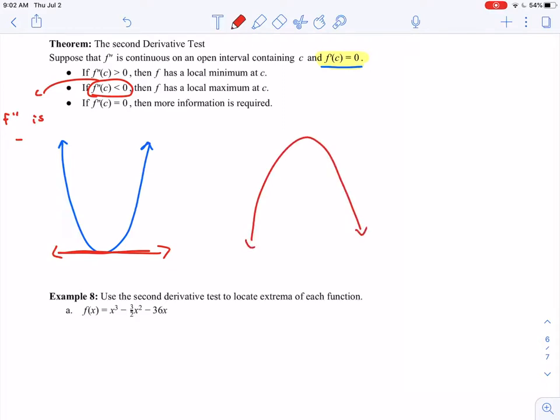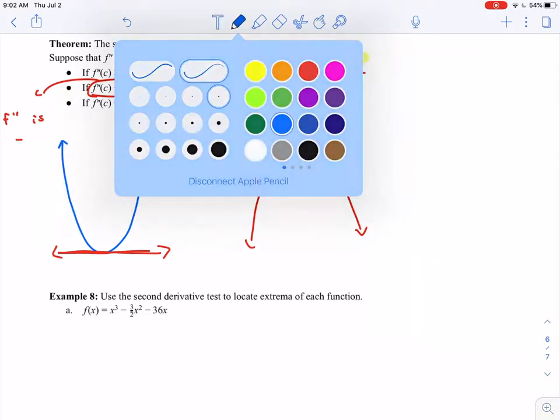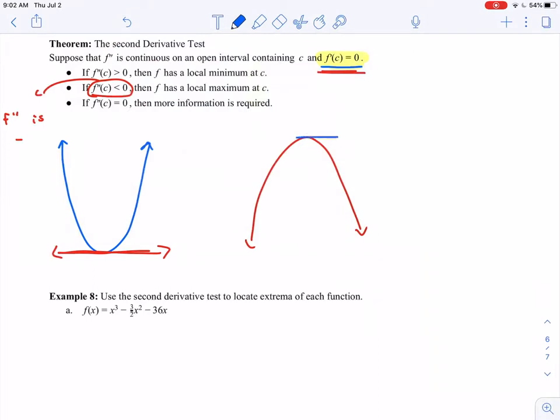And then, again, remembering that we have a critical point whose derivative is 0, we have a horizontal tangent line. Well, where does this function have a horizontal tangent line? The only place I see is right here. And what's so special about that point? Well, it's a local maximum, and yep, you bet it, there it is, local maximum at c.